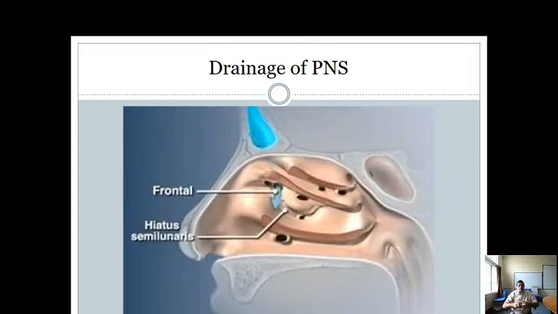We have also seen that the nasal cavity is divided into spaces by three projections coming from the lateral wall of the nasal cavity. These are nothing but the turbinates, otherwise called conchae.